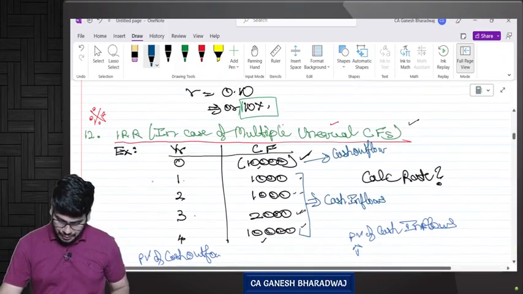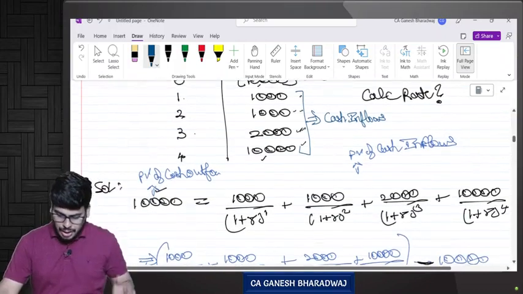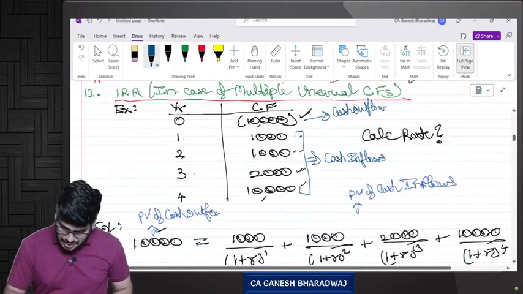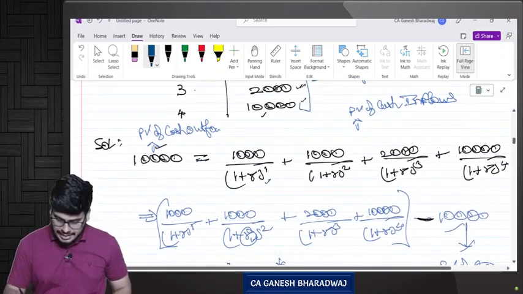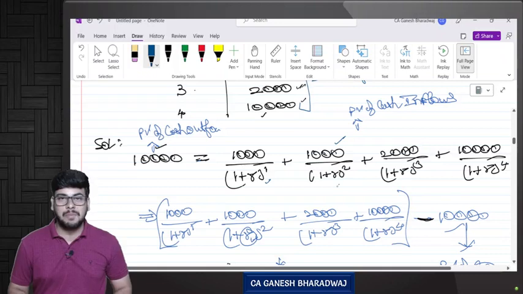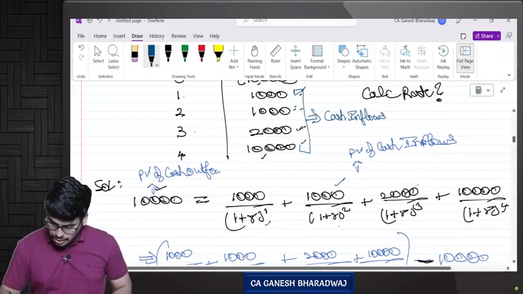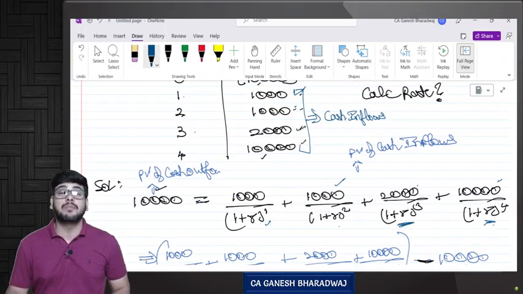Now, if you see in this case, initially there was an outflow. Can I say 10,000 is equal to every year's cash flow, 1000 divided by (1 plus r) to the power 1, second year cash flow 1000 divided by (1 plus r) to the power 2, then the third year cash flow 2000 divided by (1 plus r) to the power 3, and the fourth year 10,000 divided by (1 plus r) to the power 4.